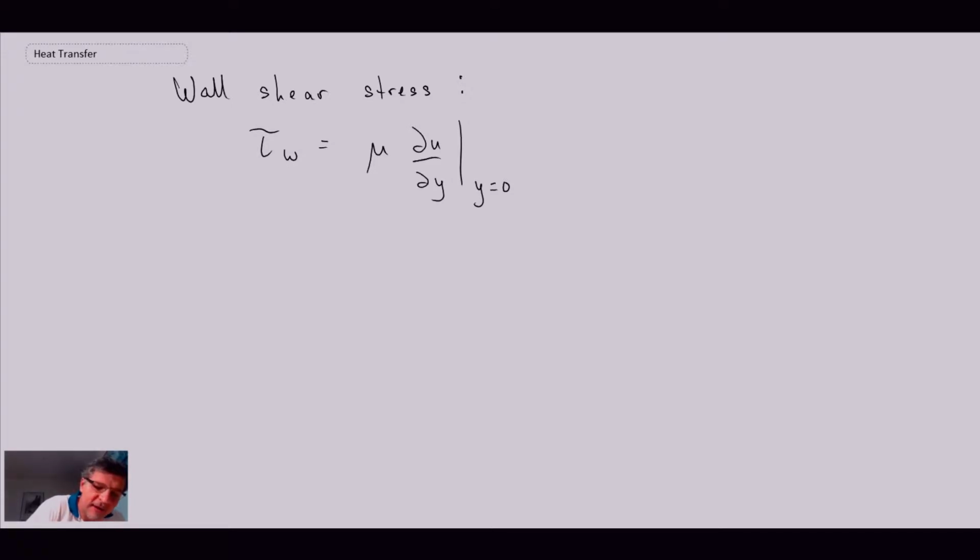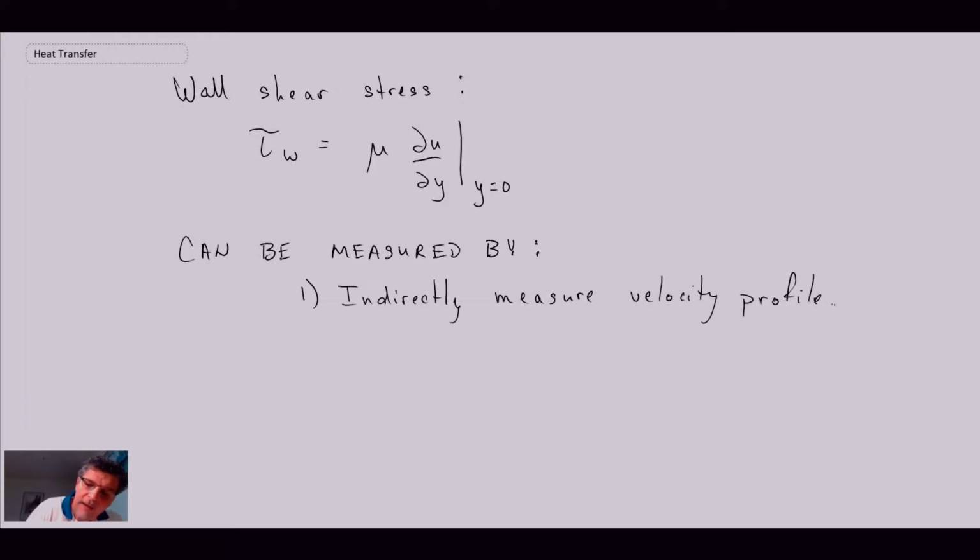In measuring the velocity profile, what is quite commonly used is a pitot-static tube called the Preston tube, which is basically a squashed pitot-static tube that enables you to go right along the wall.